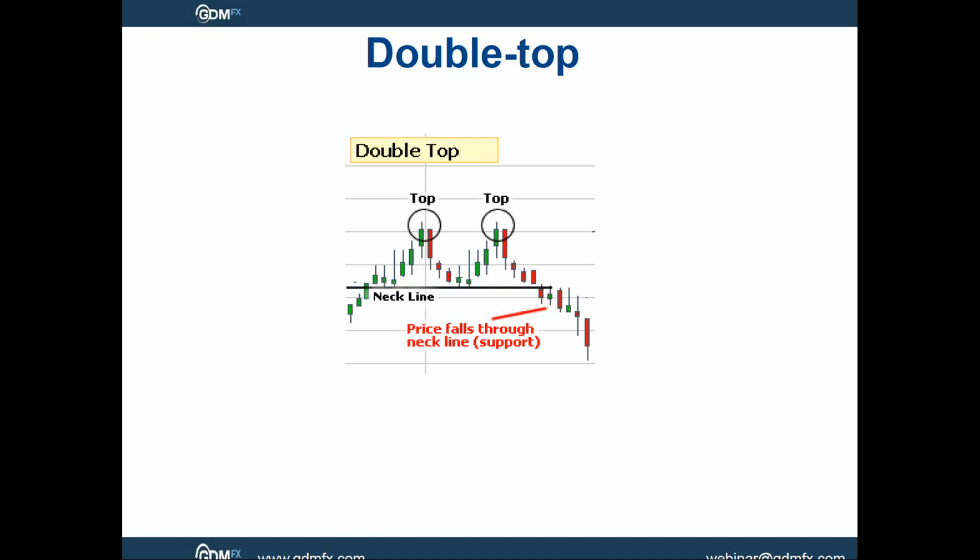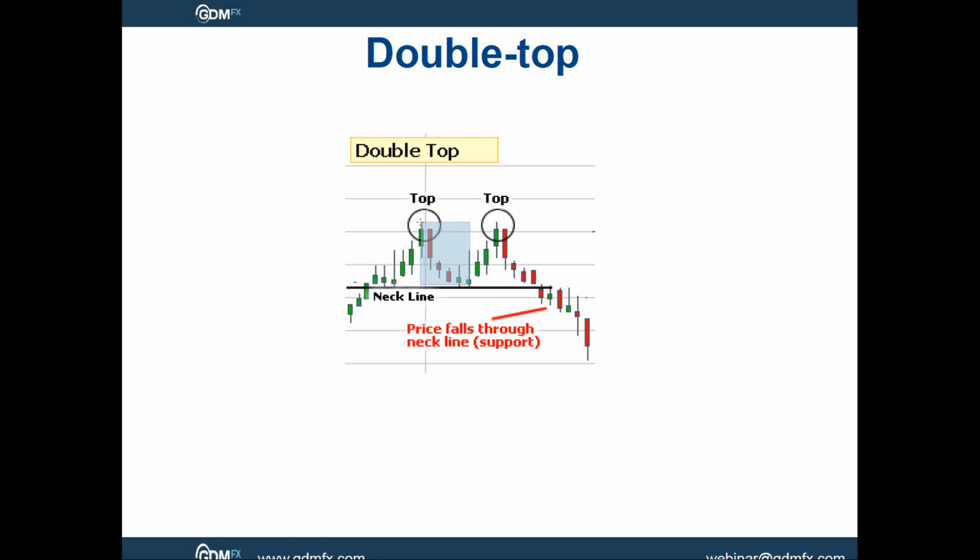And the neckline represents the lowest price between the two tops, which is one of those two candlesticks, or both of them, or only one. This is where the neckline is. And one more time, the absolute potential of this type of position, if you want to open it, is the size between the neckline and the smaller top.